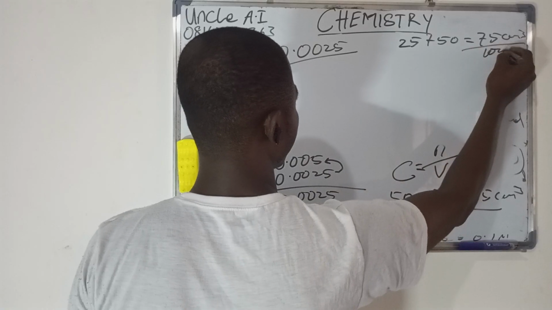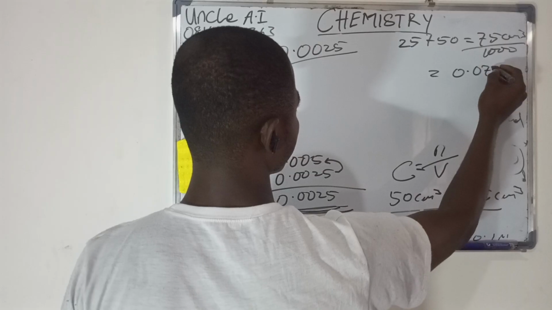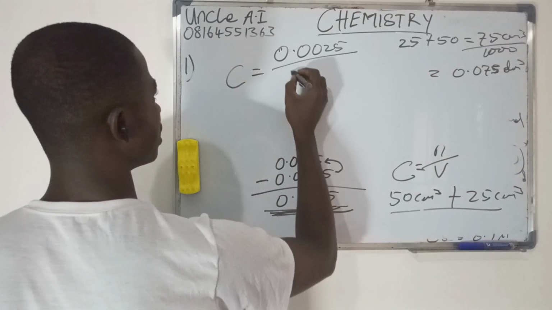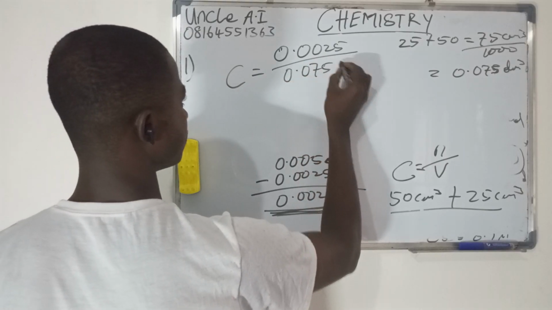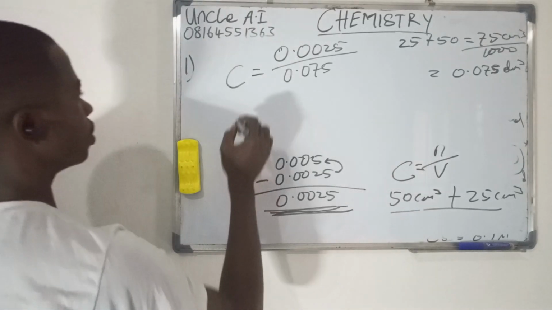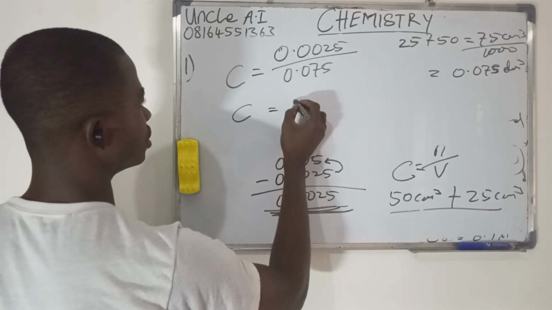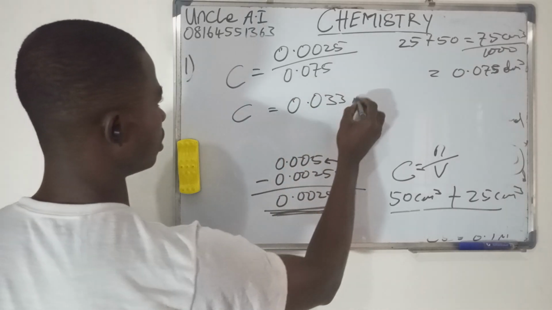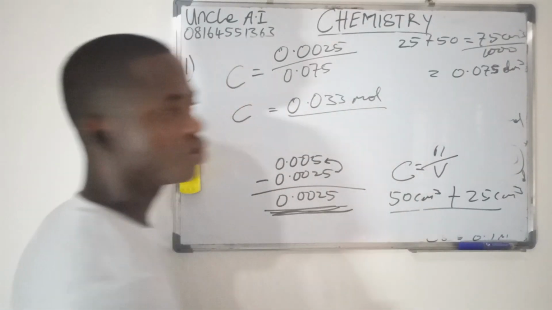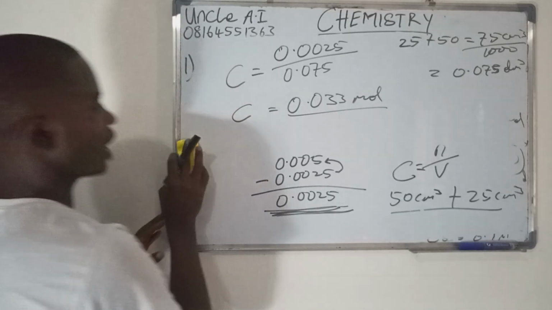We divide it by 1000 to convert it to dm³. We have 0.075 dm³. So this number now we bring it here, 0.075. Then the concentration of the solution will now be 0.033 mole per dm³.